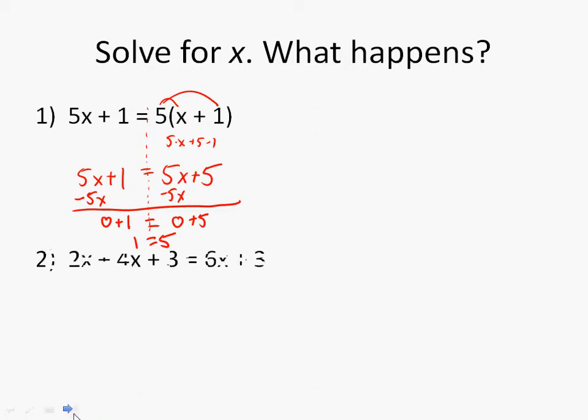Let's take a look at the next one. We have 2x plus 4x plus 3 equals 6x plus 3. And same thing as we did on the first example, since the left side is not completely simplified, let's use our hand, block the right side out.